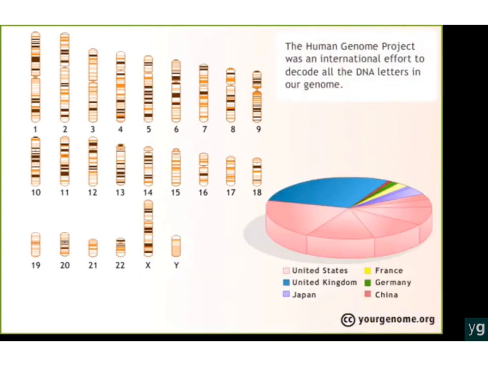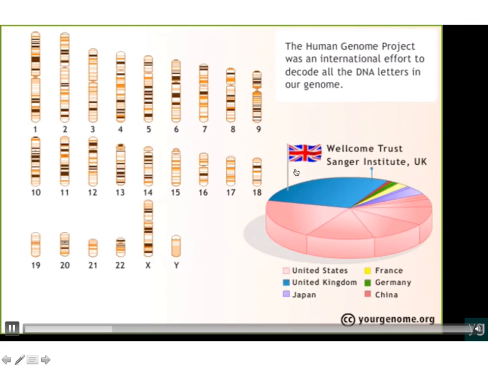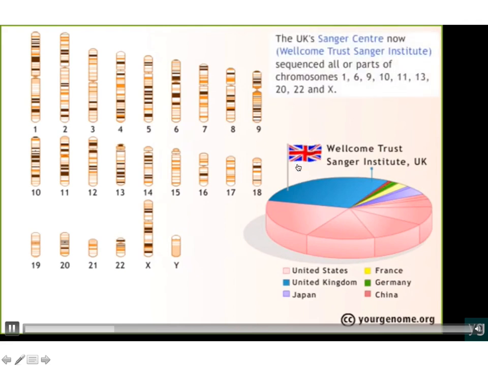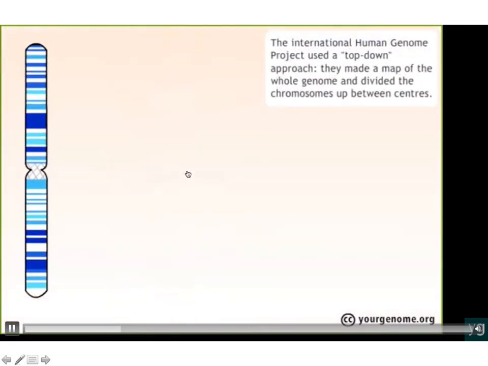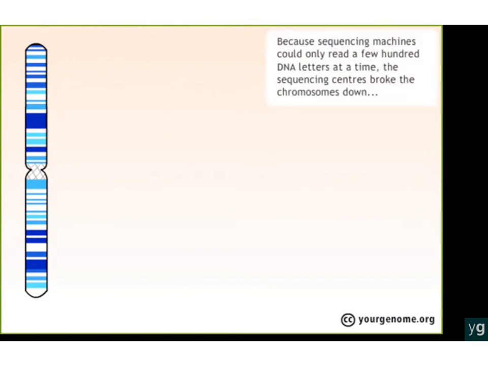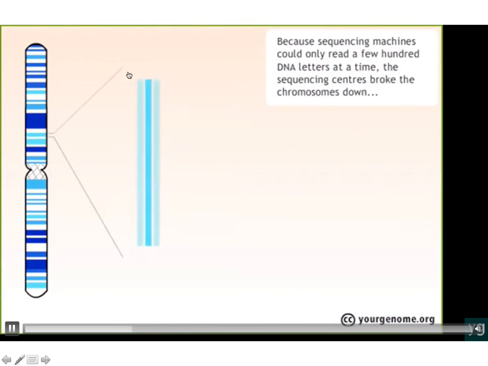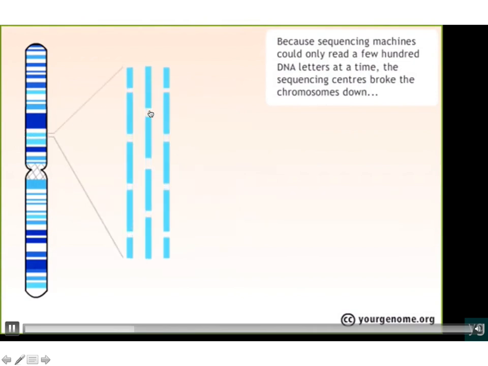So there were many countries involved in the Human Genome Project. Like here, you can see the Wellcome Trust has sequenced some chromosomes. The chromosome actually cannot be sequenced as a whole, so it has to be cut into small or tiny pieces first. Here you can see this fragment of chromosome, and it is cut into small pieces.